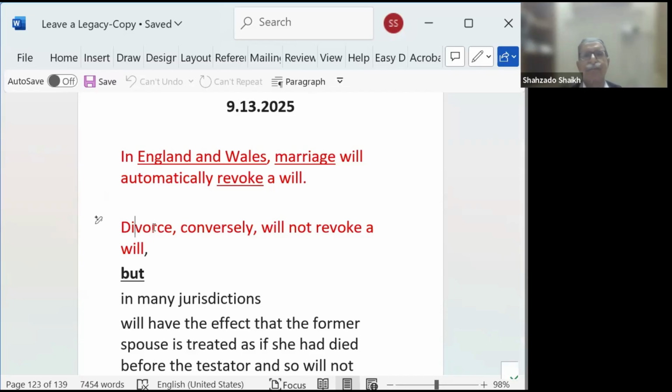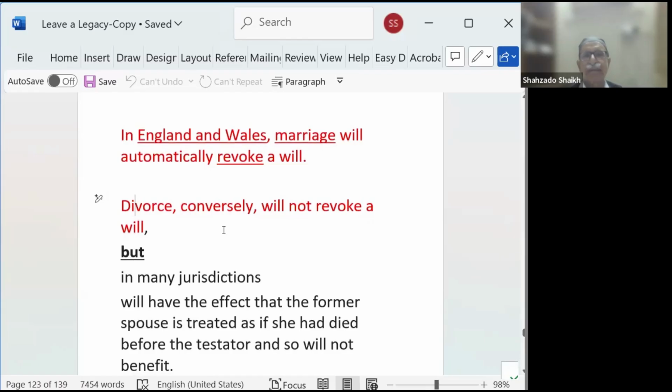But in case of divorce, it is totally different. It's the reverse. Divorce conversely will not revoke a will. If somebody divorces and he has made a will during the marriage time, that will not be revoked because of the divorce.